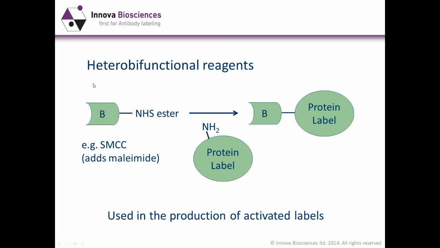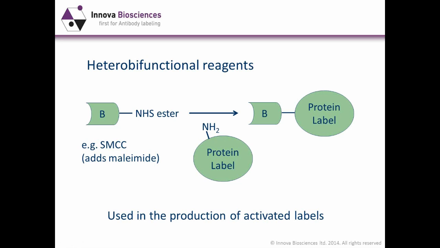So these heterobifunctional reagents are used to produce activated labels, as shown here. So the NHS ester reacts with the amine, just like the example we saw earlier, and the B group becomes attached to the protein label. Now, as I said, these things are commercially available. You just have to decide which B group you want.